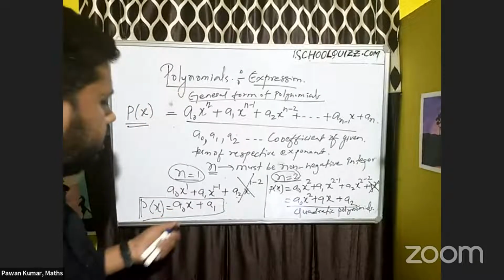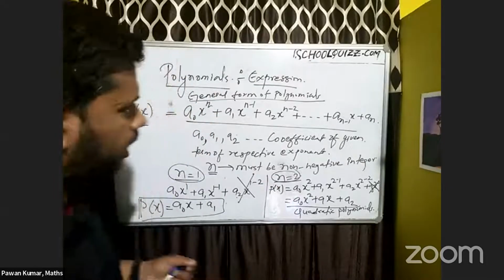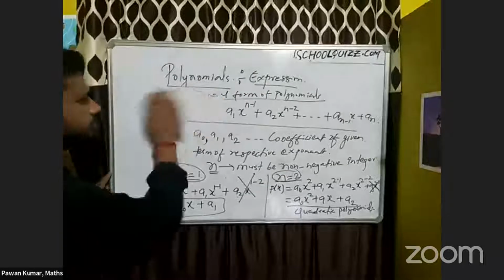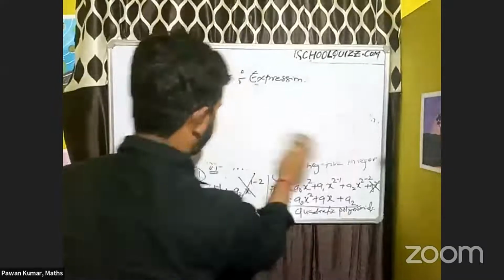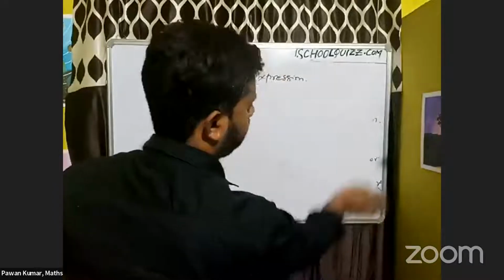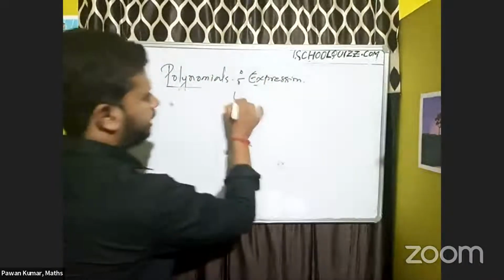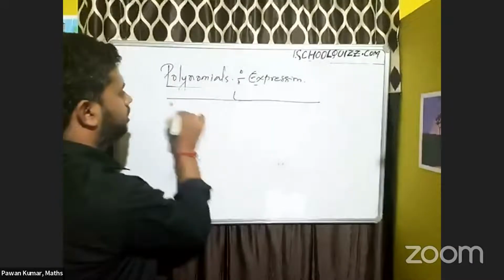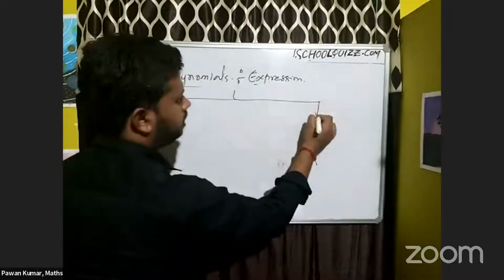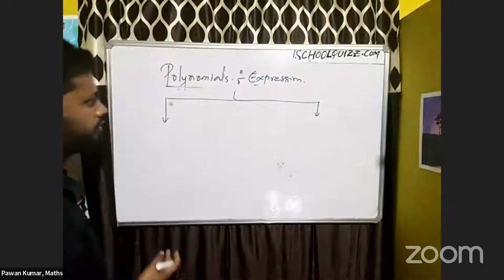But when I say linear or quadratic, that naming is also defined in two ways, correct? How we can give the name of polynomials, that is of two types, and they have two different ways. So the types of polynomials, that will be of two types.